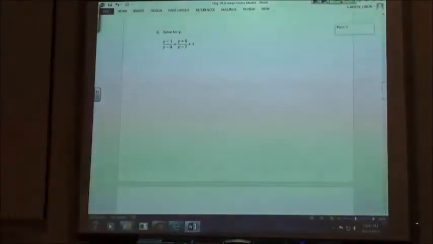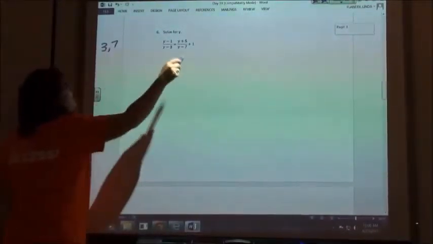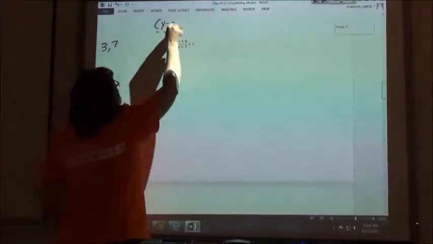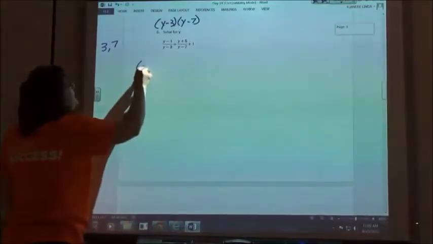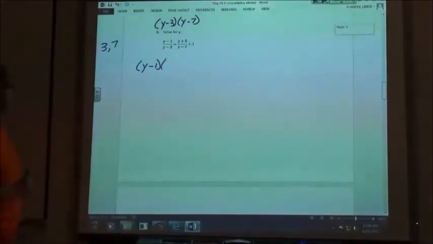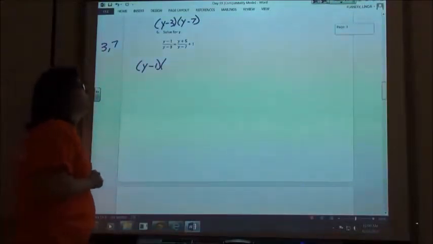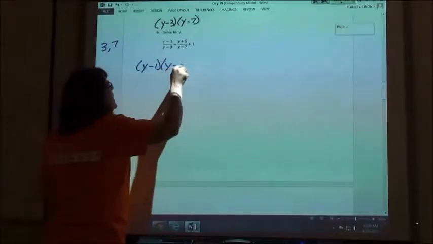So number 6, we're solving that one for y. First of all, if I pick out my restrictions, they would be 3 and 7. My common denominator, y minus 3 and y minus 7. So I'm going to take the y minus 1 times the y minus 7.